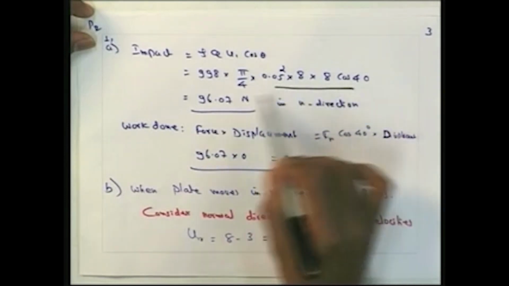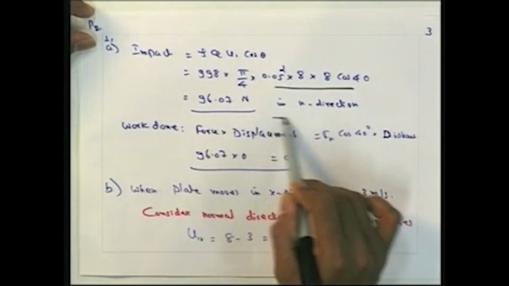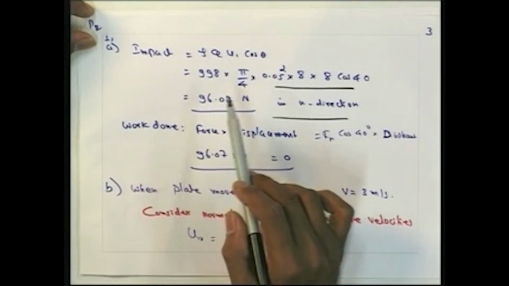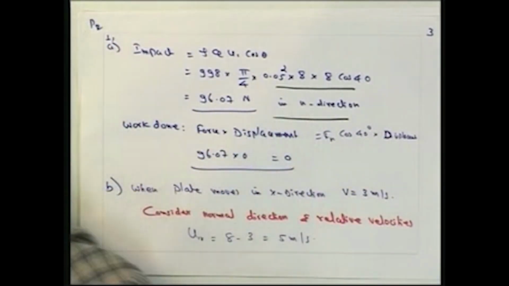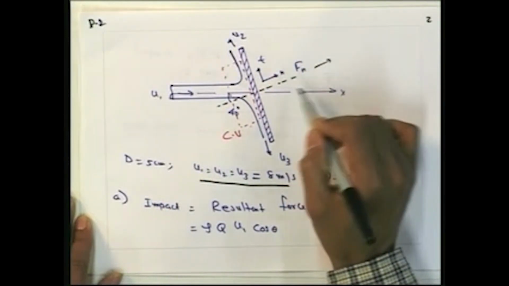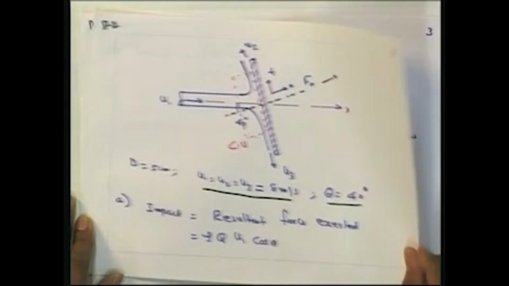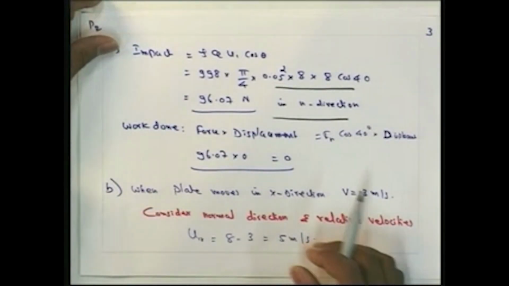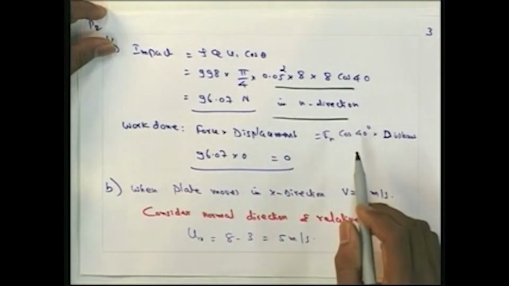This gives the impact. Finally we can see that the impact on the plate will be 96.07 Newton in this direction. This is the Fn. So this gives the impact of the jet on the inclined plane, that is 96.07 Newton.